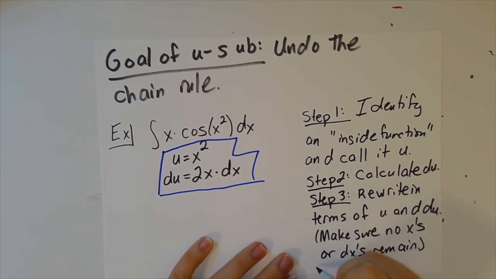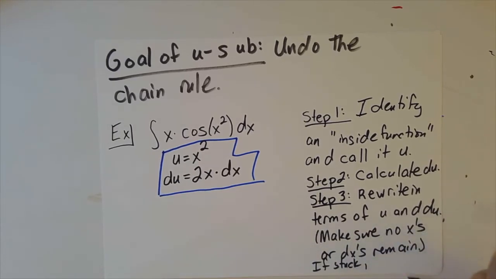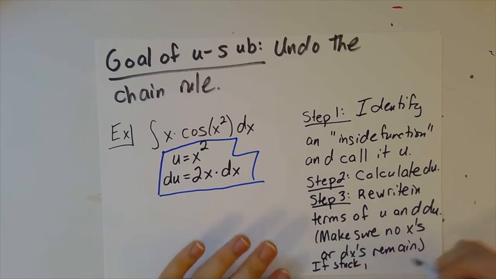I'll go ahead and note here: if stuck, that is, if no matter how hard you try, you cannot get rid of all of the x's and dx's and replace them with u's, then you need to go back to step 1 and try again.